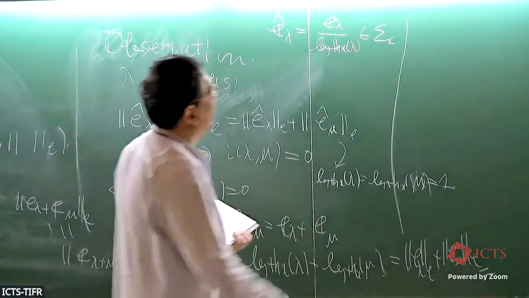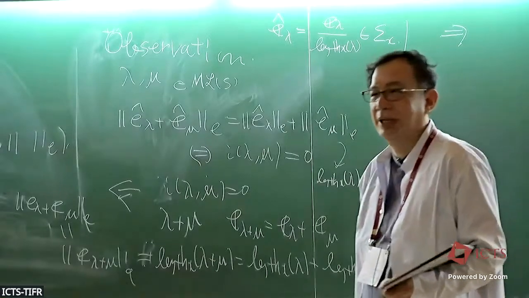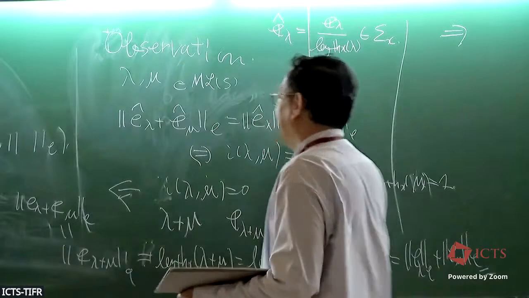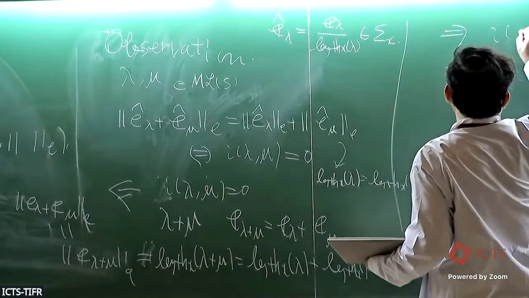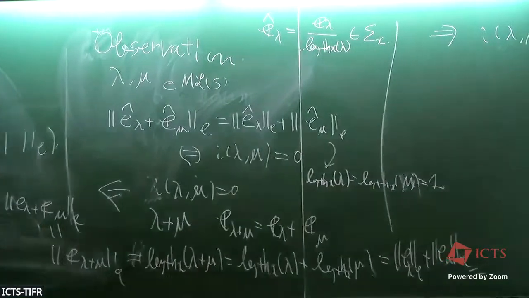So the other direction is much harder to show. What we have to show is a contraposition of this one, so you consider the case when this is not equal to 0.